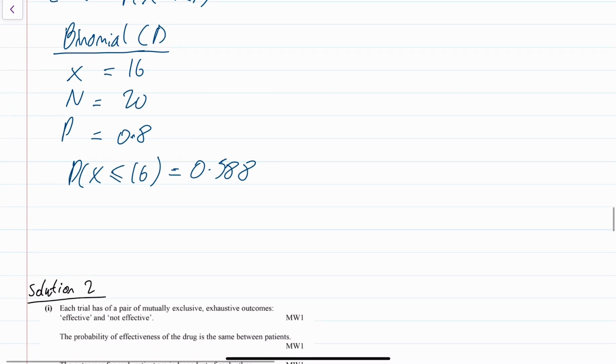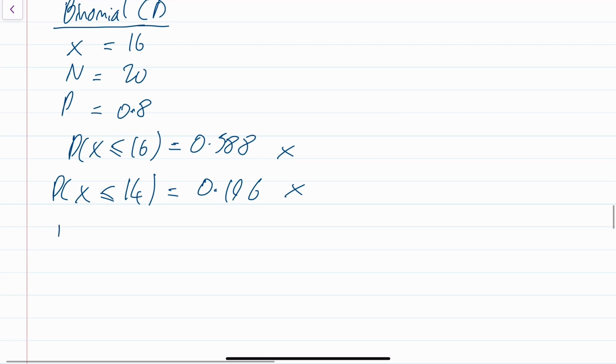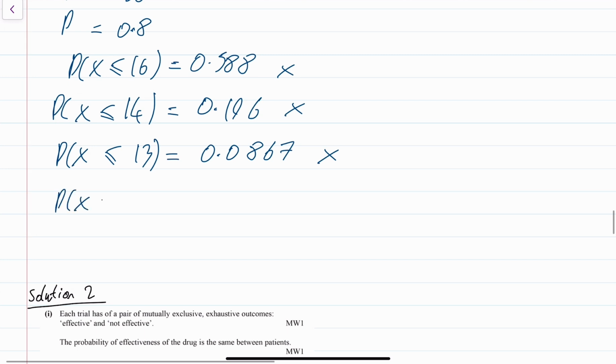I'll go down to X is less than or equal to 14, and it was 0.196, so again that's not right. That's 19%. Go down to 13, and the probability X is less than or equal to 13 is 0.0867, so not in the critical region, but it is pretty good.